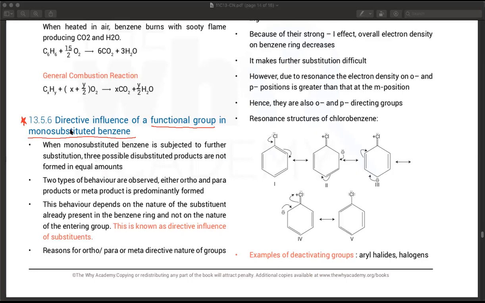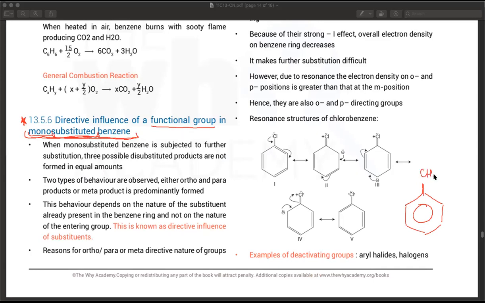So, what do you mean by monosubstituted benzene? You got your usual benzene, and then it is monosubstituted. So there is only one substituent. One of the hydrogens is substituted with another group.